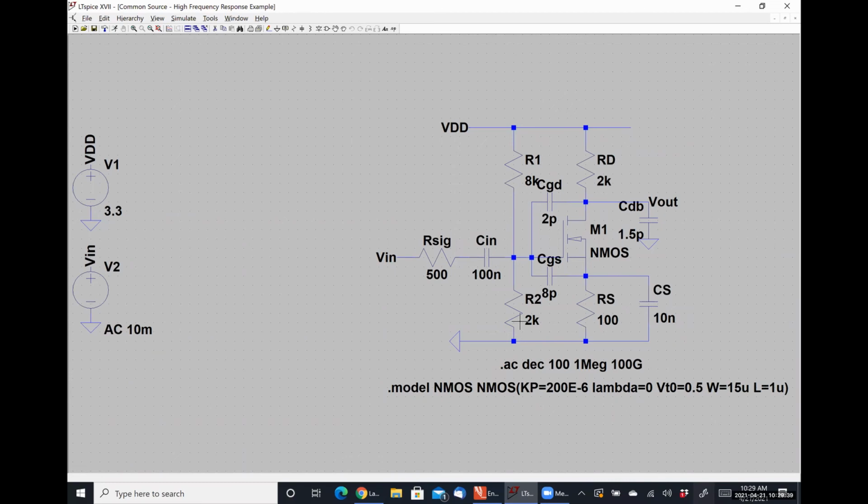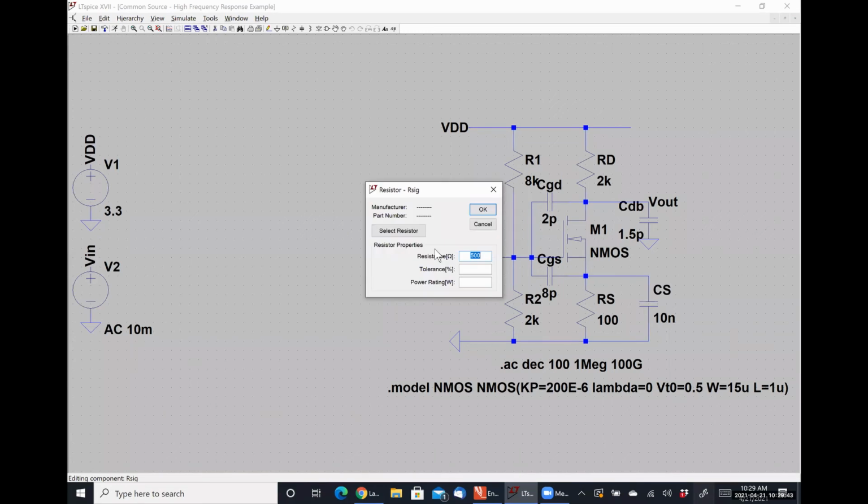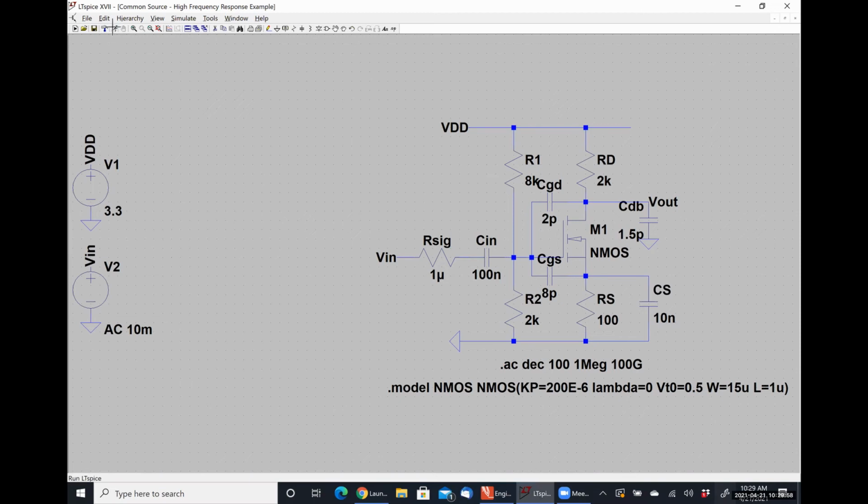So we know that when our R sig is very close to 0, because that's what we did earlier, I'm just going to put this as 1 micro ohm, which is pretty close to 0 in comparison to everything else. And I simulate this.